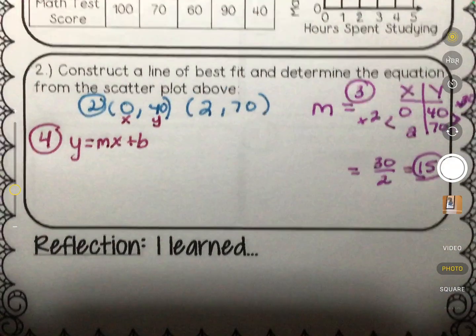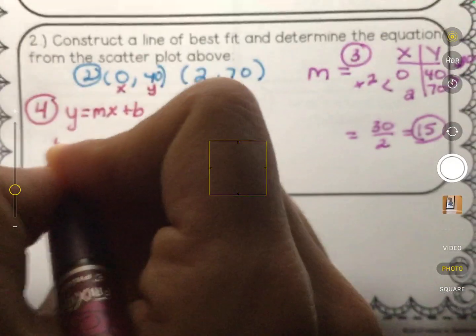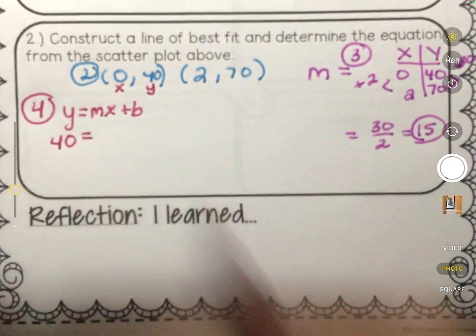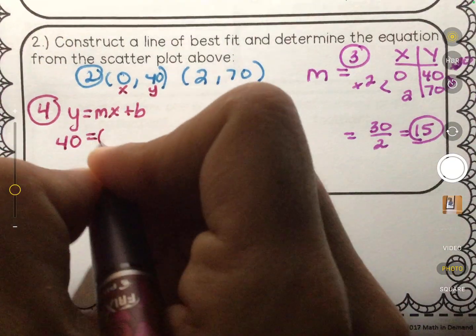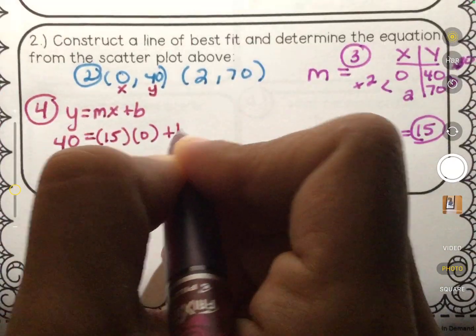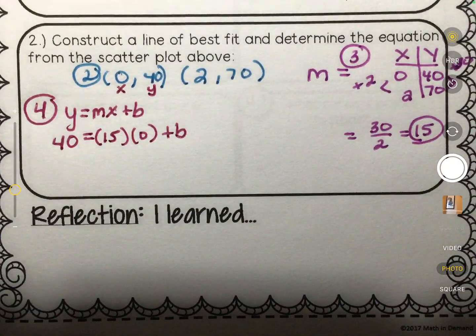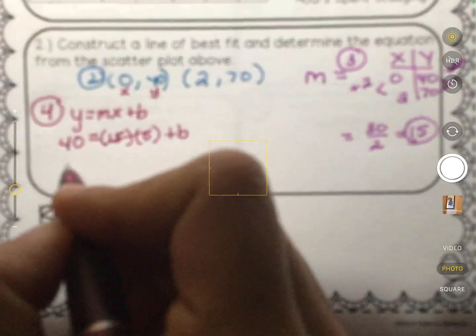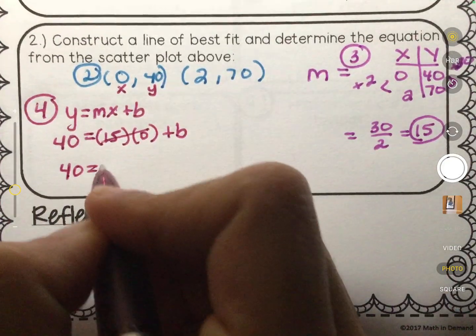So I have 40 equals, my m is 15, my x is 0 plus b. And the reason this makes it easy is because 15 times 0 is just 0. So that goes away. And I get 40 equals b.